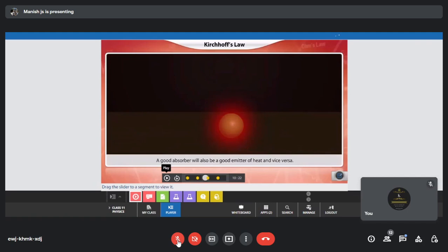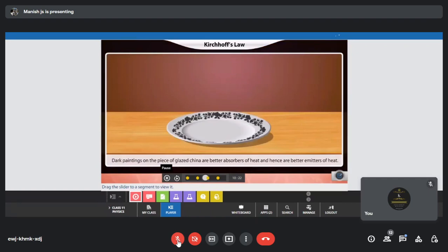If a body absorbs heat very fast, it can also emit that heat at the same time. The dark paintings on a piece of glazed china are better absorbers of heat and hence are better emitters of heat. I told you, black color is a very good absorber, so they were able to emit heat when we took it and kept it outside. That is the concept involved in absorption and emission of heat.